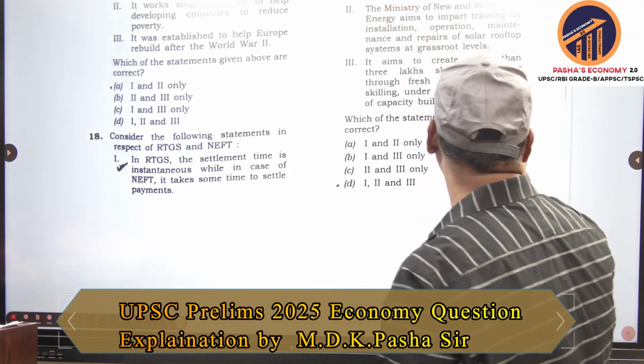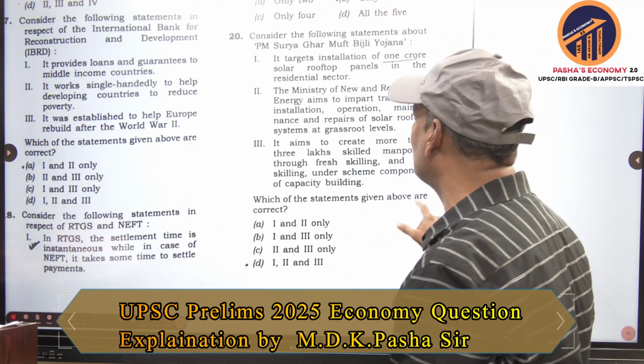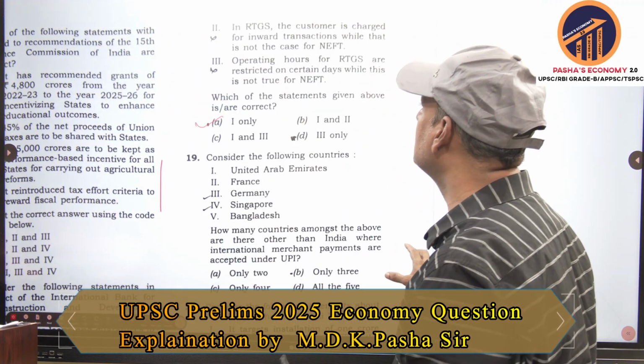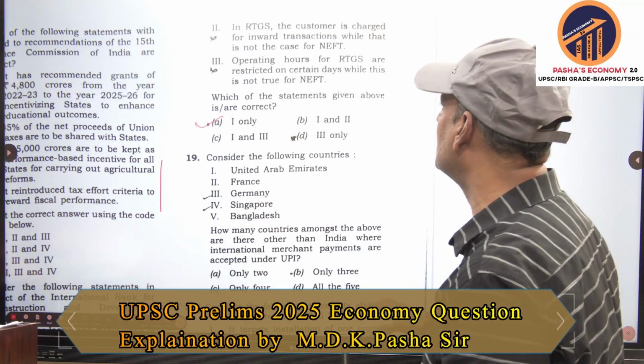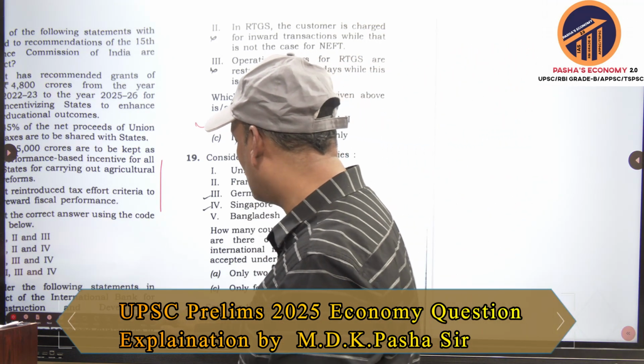Absolutely correct, because RTGS happens immediately, real time settlement. NEFT will take certain time. The second aspect: in RTGS the customer is charged for inward transactions, while it is not in the case of NEFT. No friend, because both are chargeable.